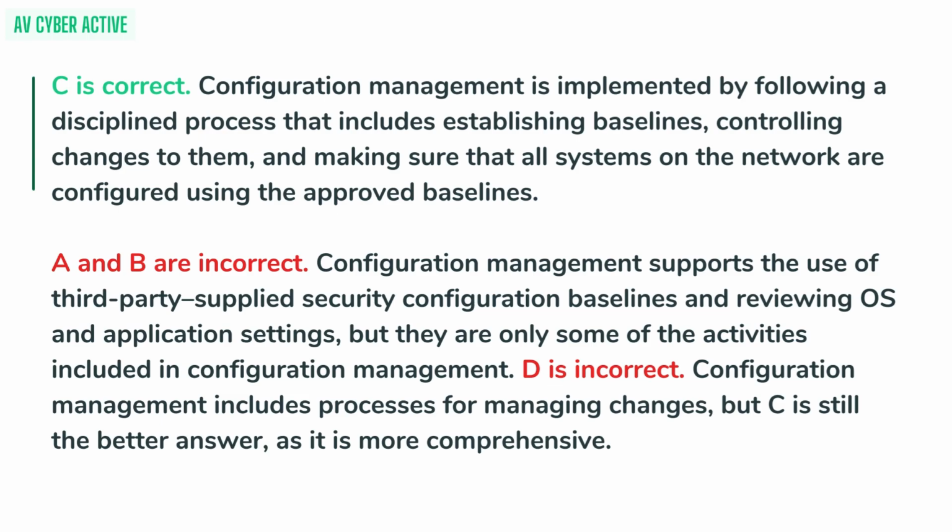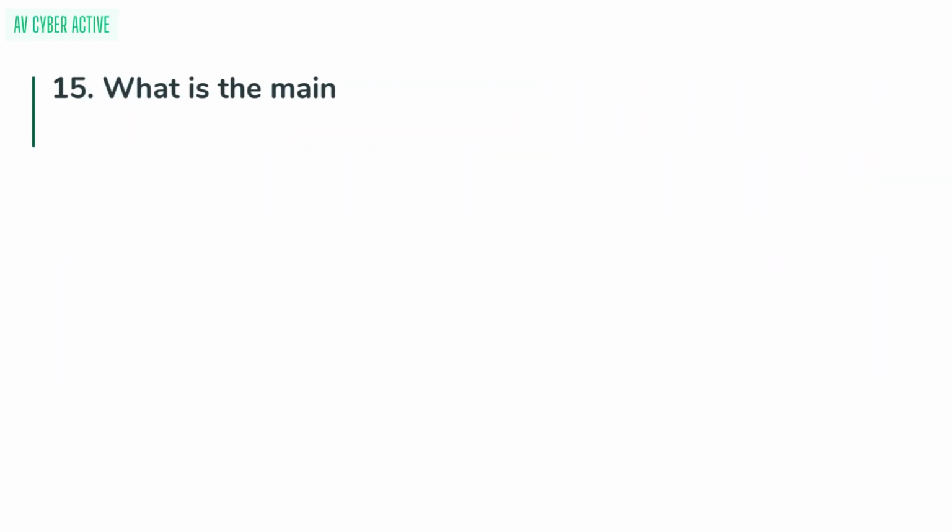Configuration management supports the use of third-party, supplied security configuration baselines and reviewing OS and application settings, but they are only some of the activities included in configuration management. D is incorrect. Configuration management includes processes for managing changes, but C is still the better answer, as it is more comprehensive.